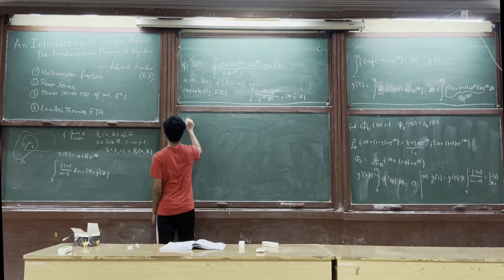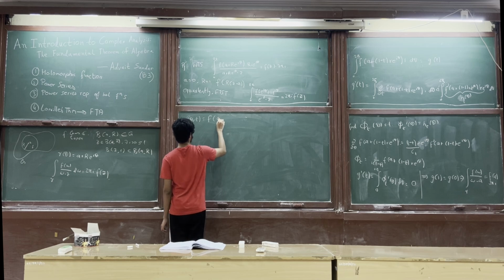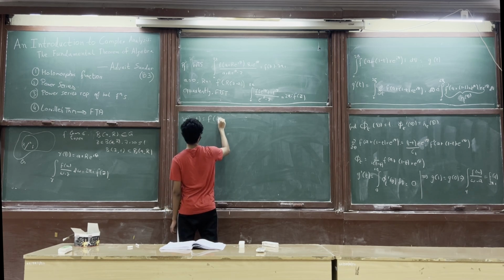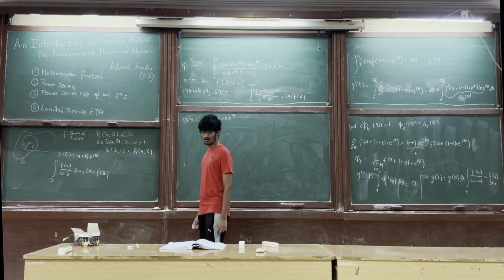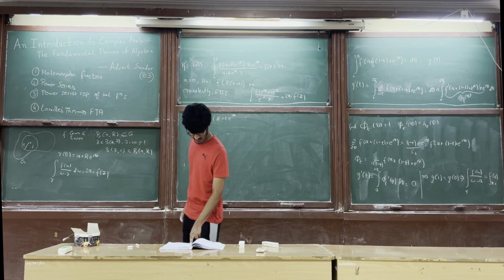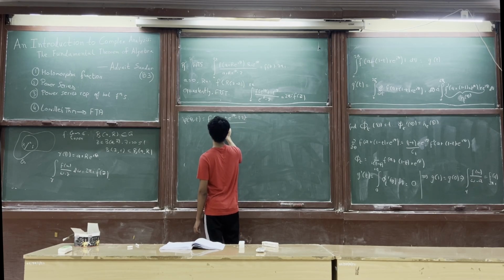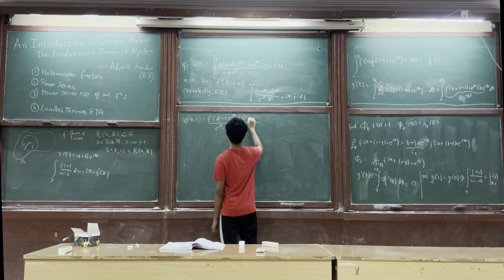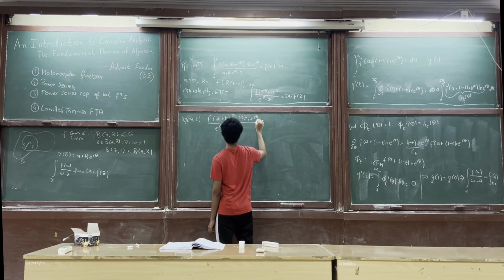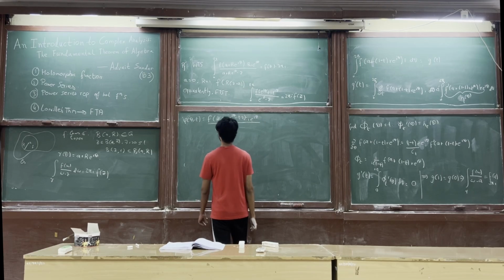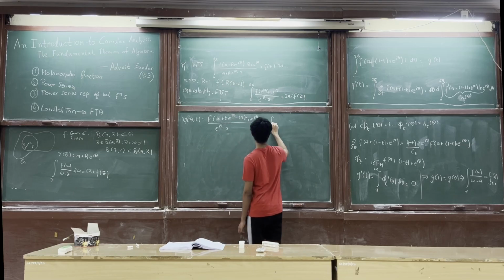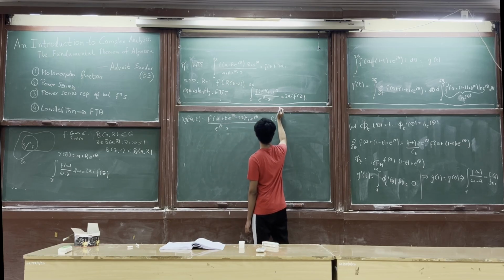So again, we define phi of theta comma t, f of z theta minus z, and equals... so another simplification.